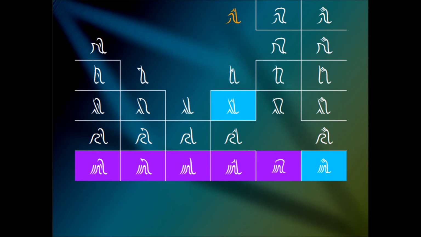Ai, ai. Ao, ao. Au, au. Aia, aia. Aio, aio. Aiu, aiu. Ea, ea. Eai, eai. Ei, ei. Eo, eo.